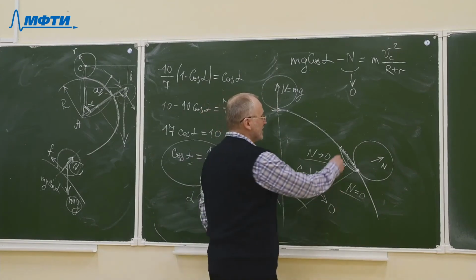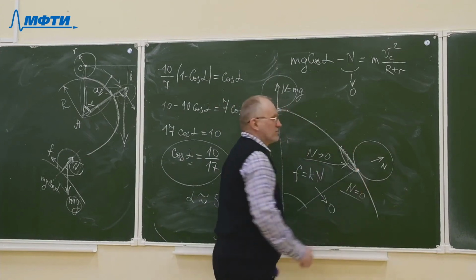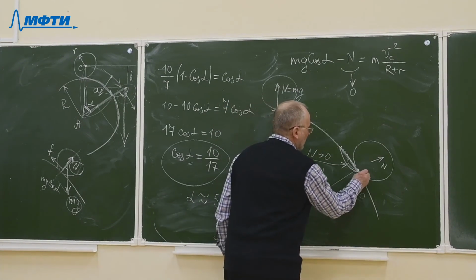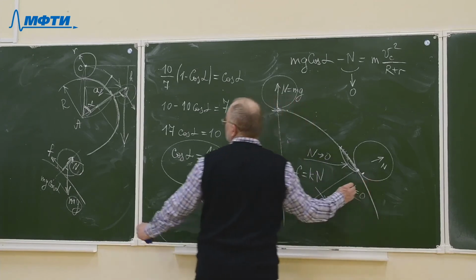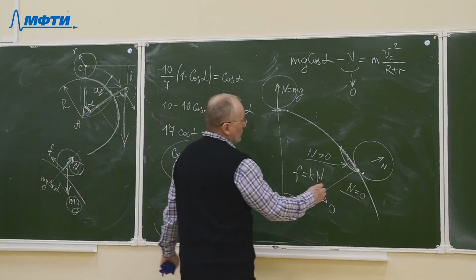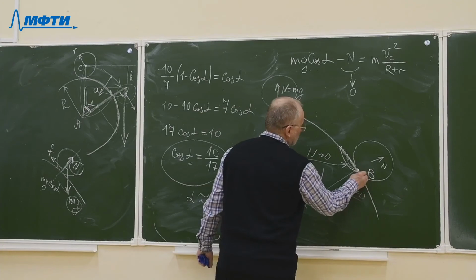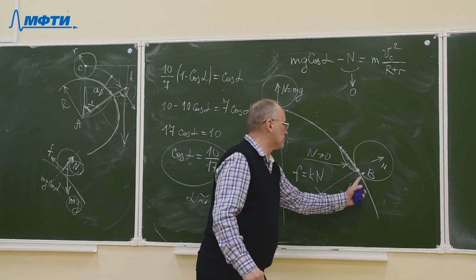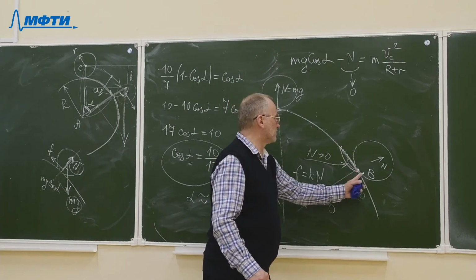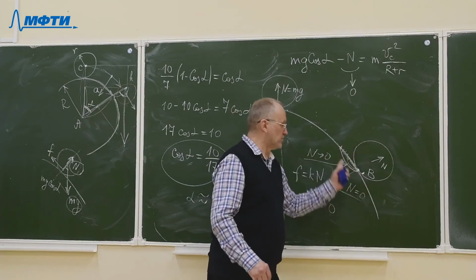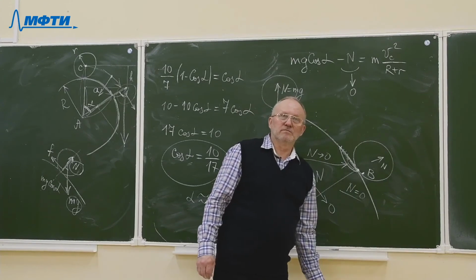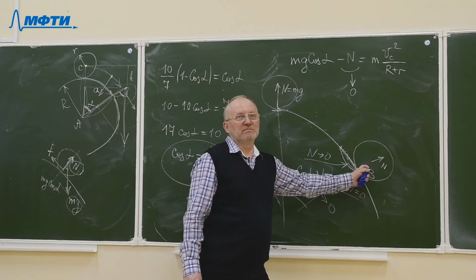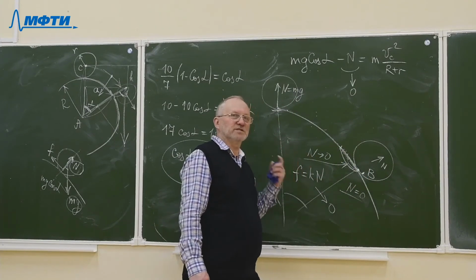We must take into account the work of the force of friction here, because if point B on the surface of the sphere slips along this cylindrical surface, then the force of friction performs work. And we should have taken this work into account. So not everything is so simple in this problem.